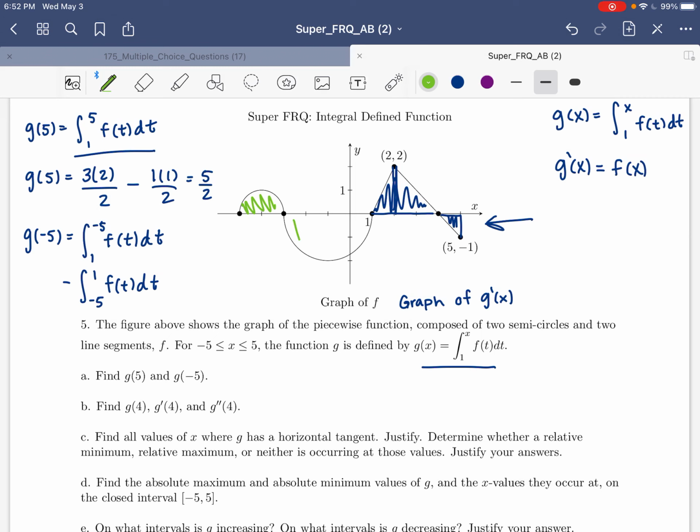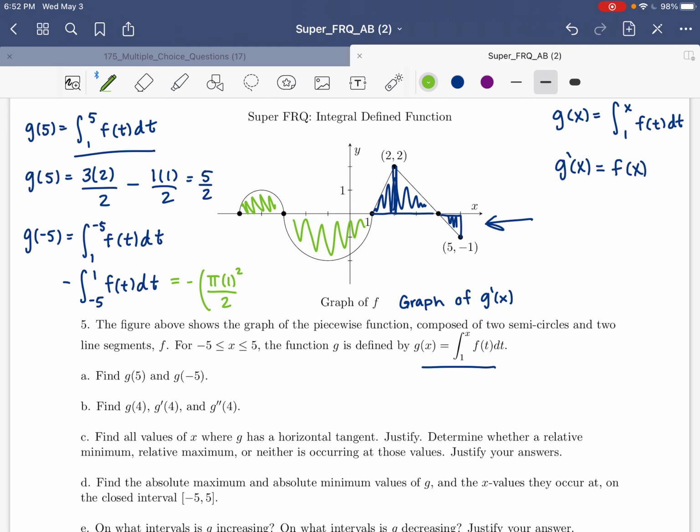We got this half circle and this half circle. So this is going to equal negative. This first one's going to be pi. Our radius is 1 squared, and then it's half a circle, so we divide it by 2.